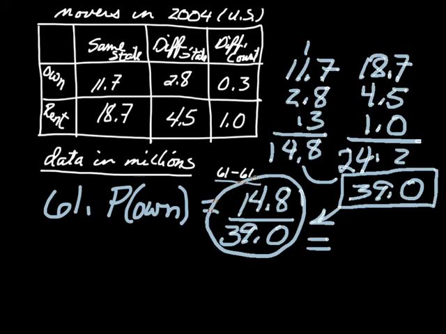And that decimal is this number right here, 0.379, and your textbook will ask you to round to the nearest hundredth. So your answer would be 0.38. So it's approximately 38% of the movers were people who owned.